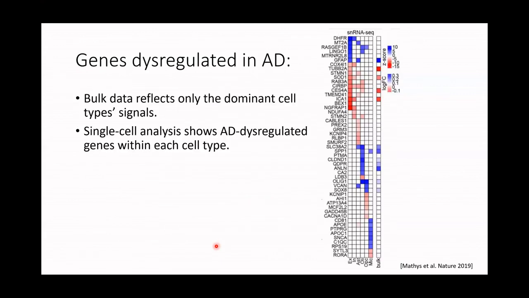But the single cell data reveals those things, such as this final set of genes that is not present in bulk, but which you can see in the microglia, right? So it shows the genes within each cell type that are changing in AD, and again points to new genes that would have been missed by standard bulk studies. Okay.